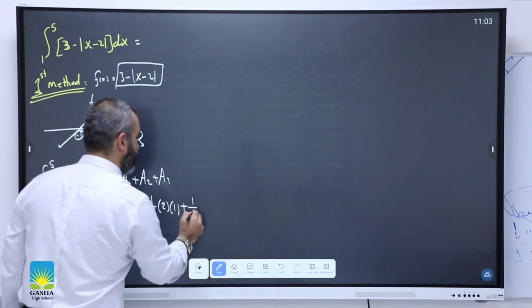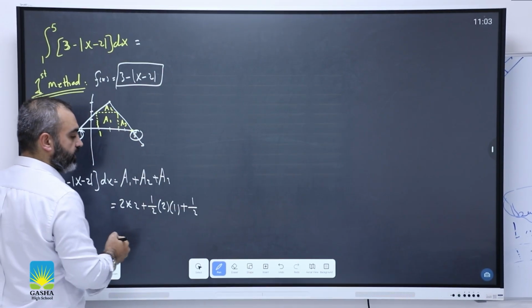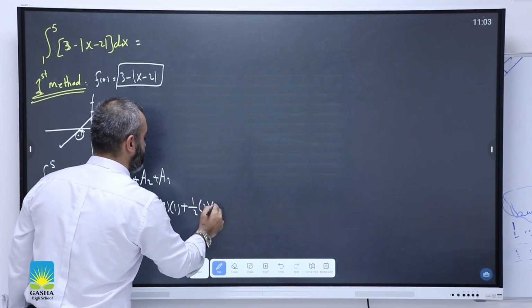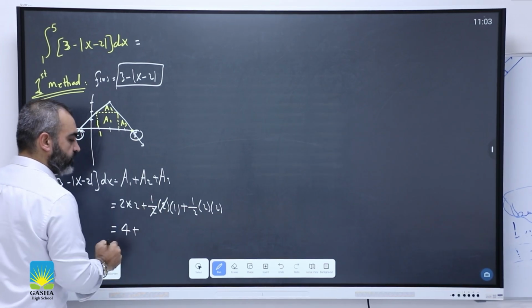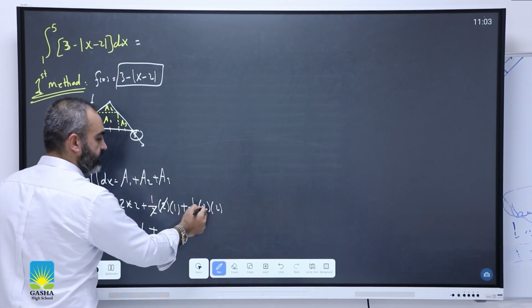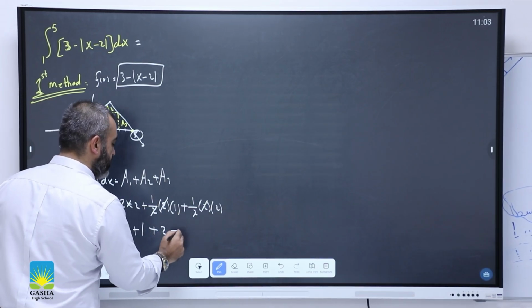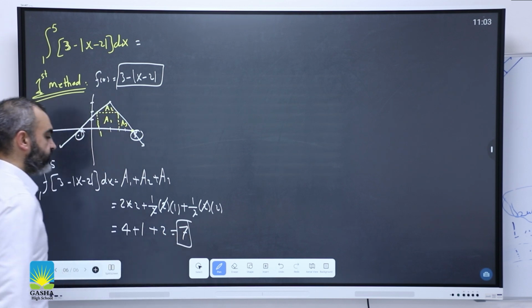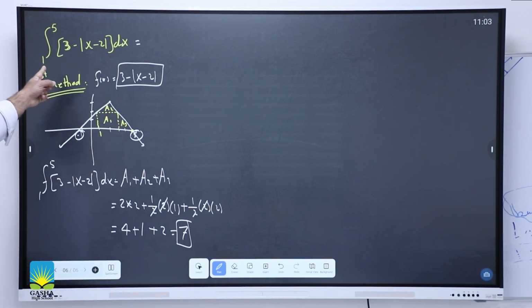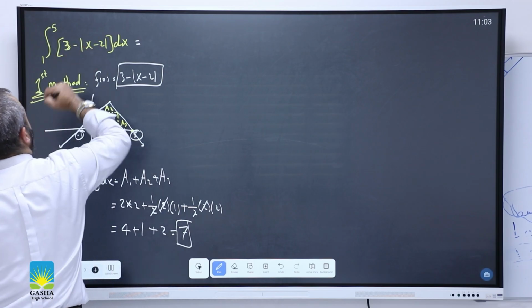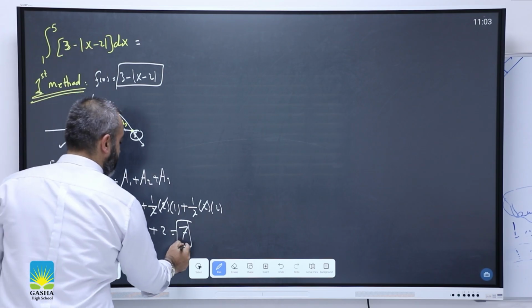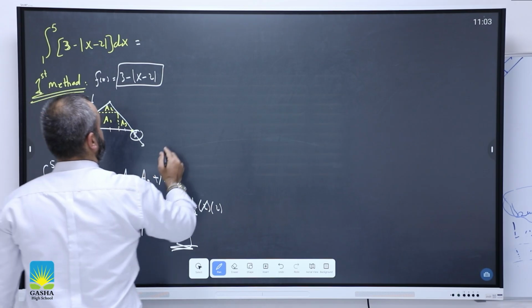A3 is also 1/2, a triangle, 1/2 times 2 times 2. So this is 4, the 2 cancels, becomes 1, and the other 2 cancels, becomes 2. So this is 7, right? So the result of the integral from 1 to 5 containing the absolute value is 7.